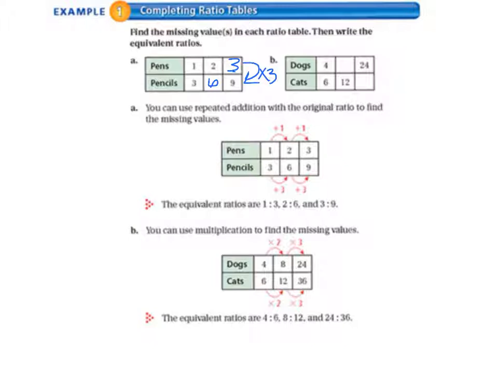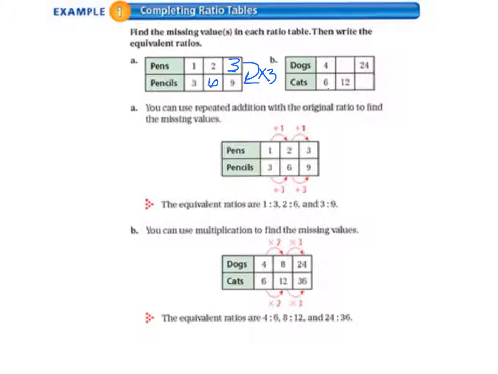Letter B is a little bit trickier, but we can still figure it out. We need to think about what an equivalent ratio would be, or an equivalent fraction, if you think of 4 over 6 as a fraction, if we wanted to have 12 as the denominator.